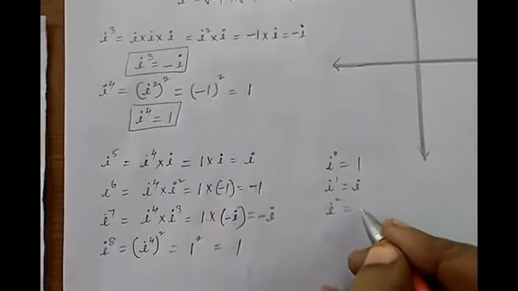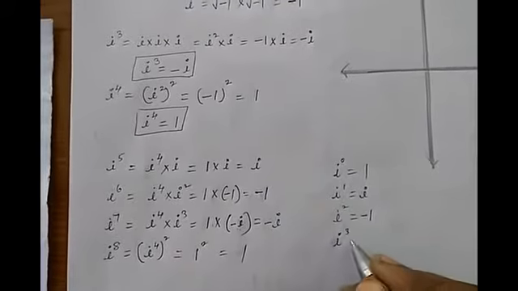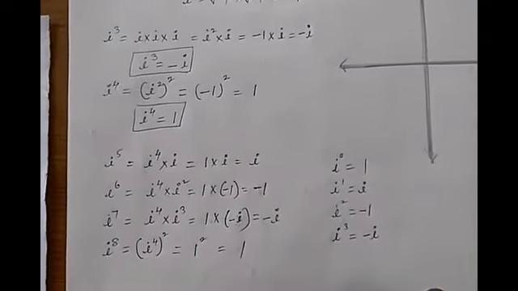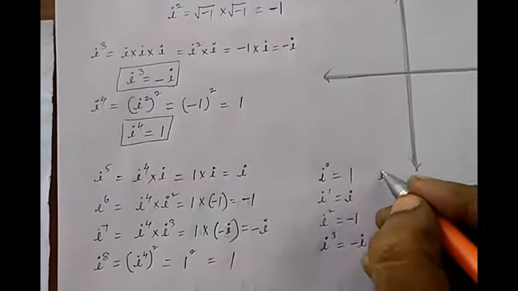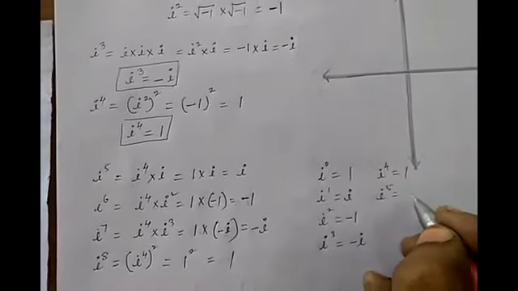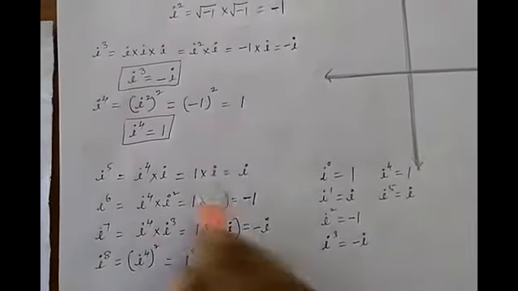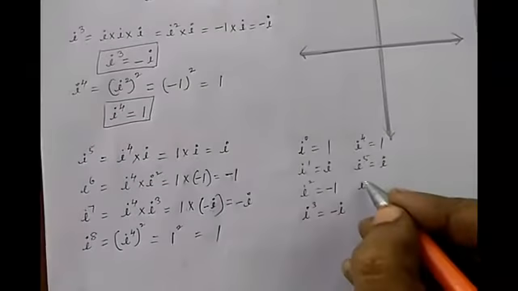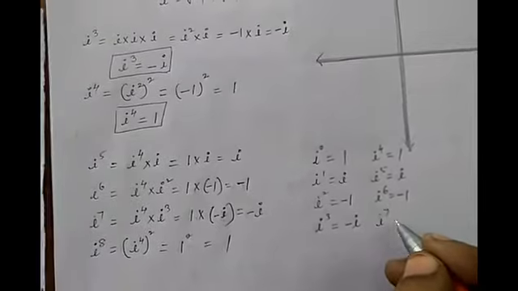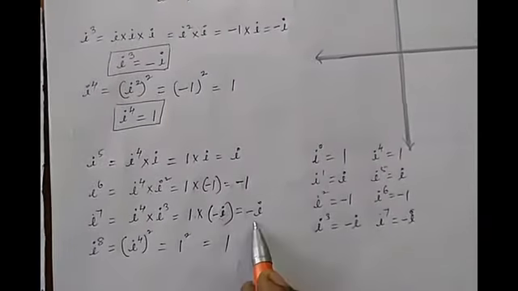i squared is equal to -1. i power 3 equals minus i. Again, i power 4 equals 1. i power 5 equals i. i power 6 is equal to -1. i power 7 equals minus i.